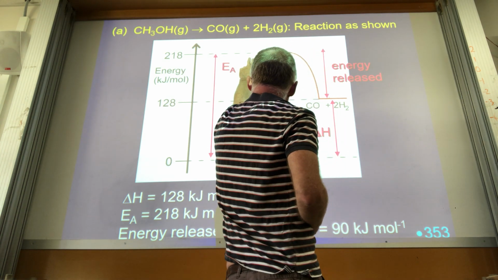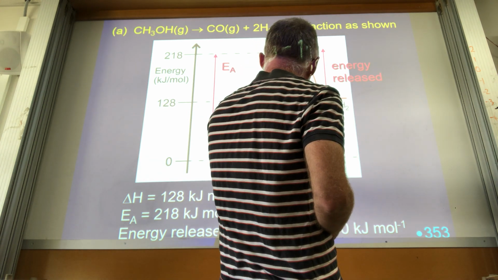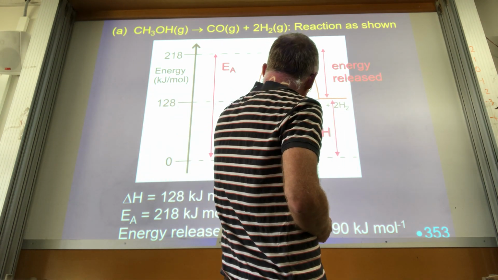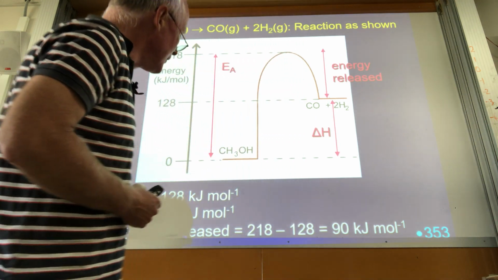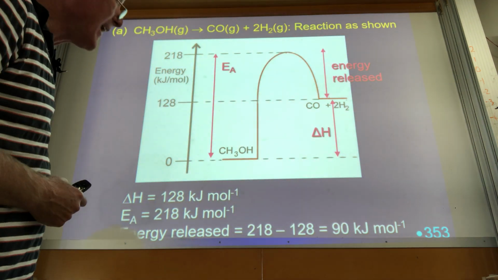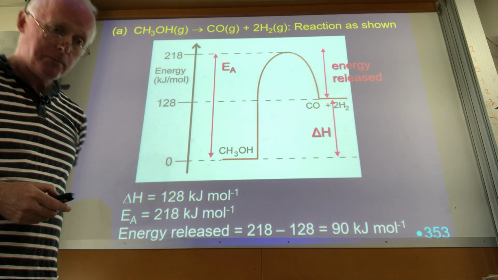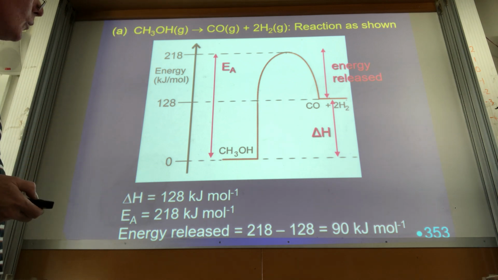The energy released is going to be the difference between there and there, which is 218. And then delta H, if we're going backwards, is simply going to be going from here down to here, which is going to be negative 91. So you don't actually have to redraw the whole energy profile diagram. You can just go backwards through the original one to get the same result.